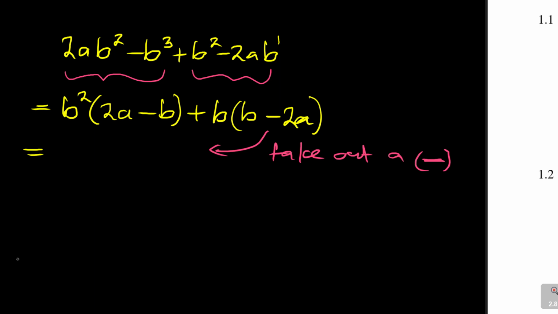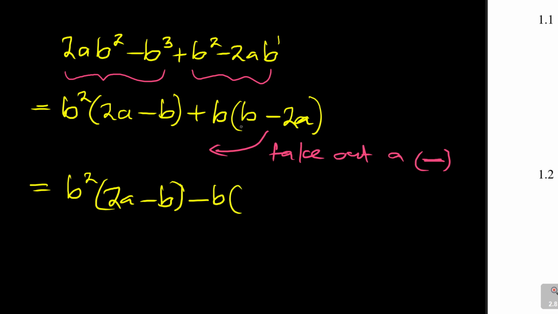So when you're taking out a negative, what does it become? Look what it's going to have. You're going to say equal to b squared, 2a minus b. Now, since I've taken out a negative, it just interchanges the sign. Since this was positive, it will now become negative b. Since b was positive, it now becomes negative b, minus 2a becomes positive 2a. See that?